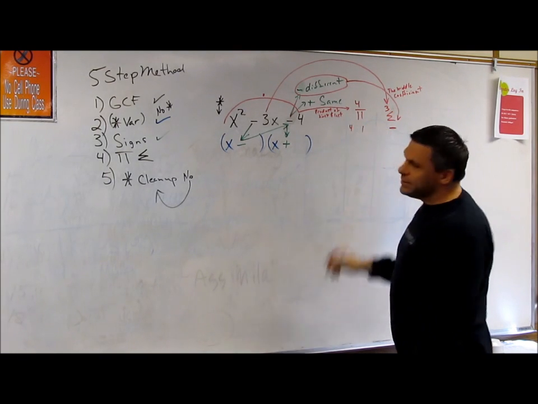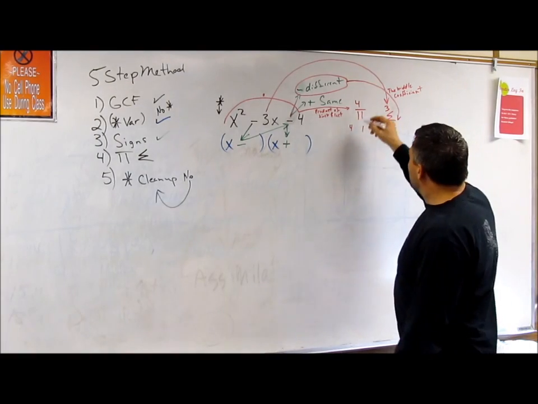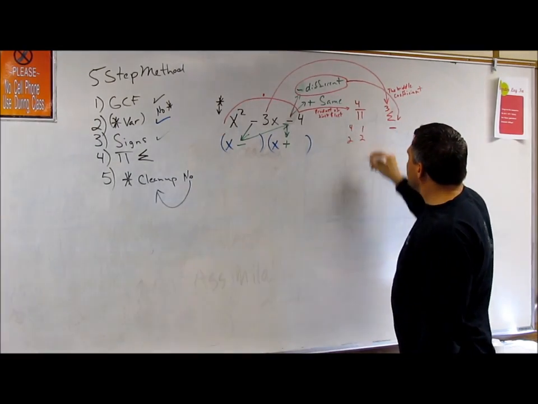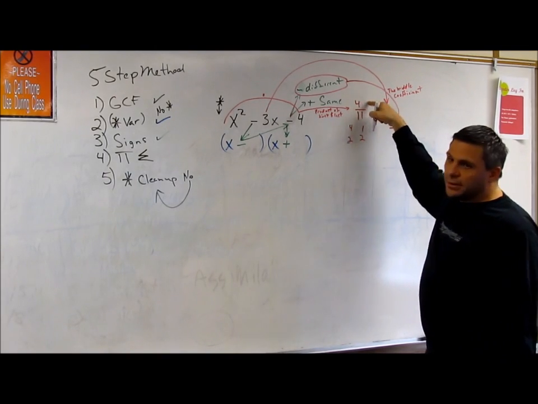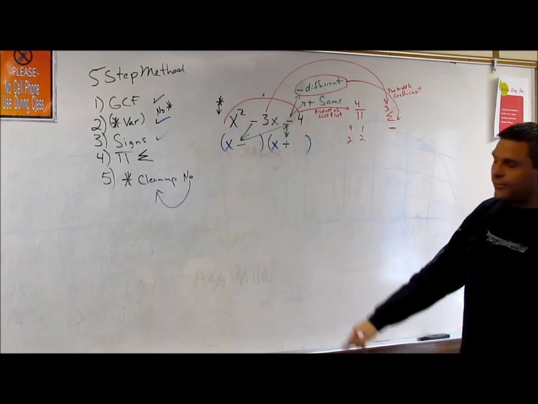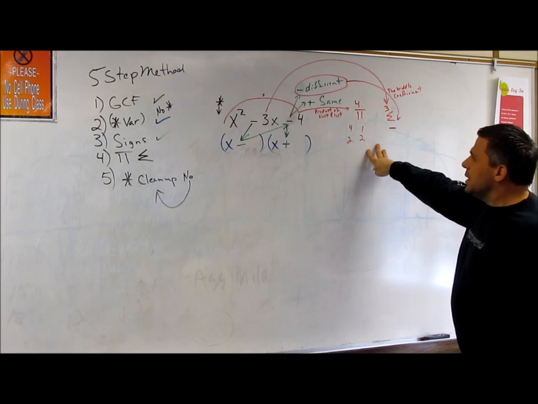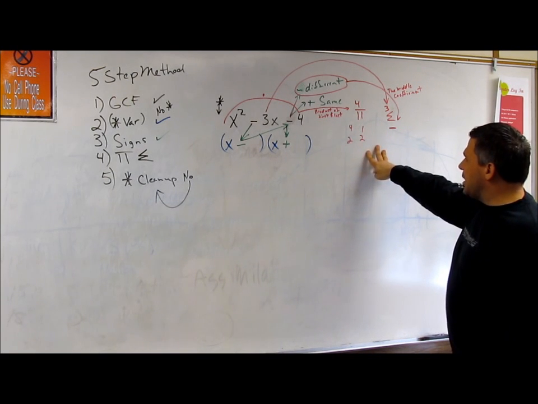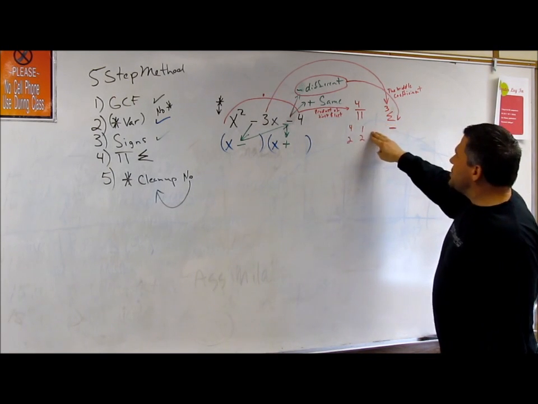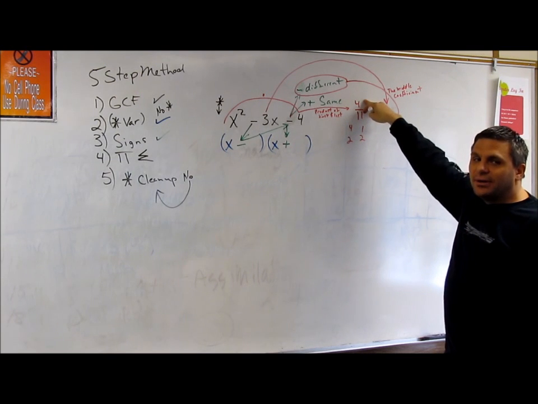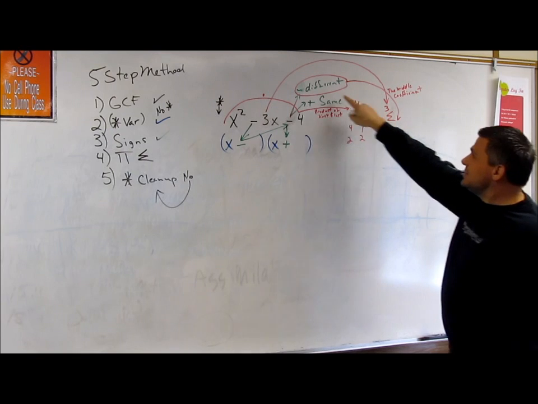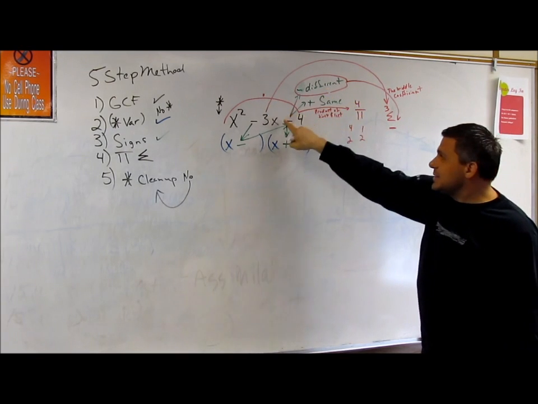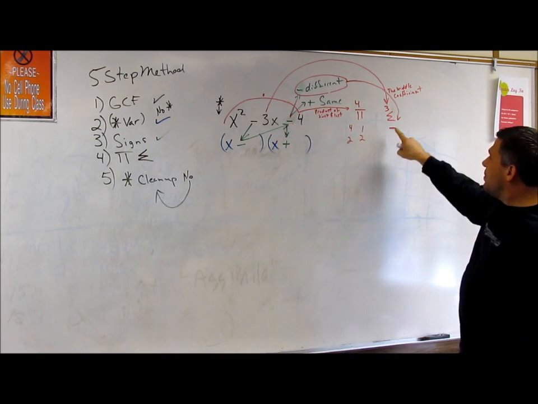So 4 and 1, or 2 and 2, right? Those two numbers multiply to be 4. Now, we need two numbers that multiply to be 4, but are different, because this is a difference problem, by 3.